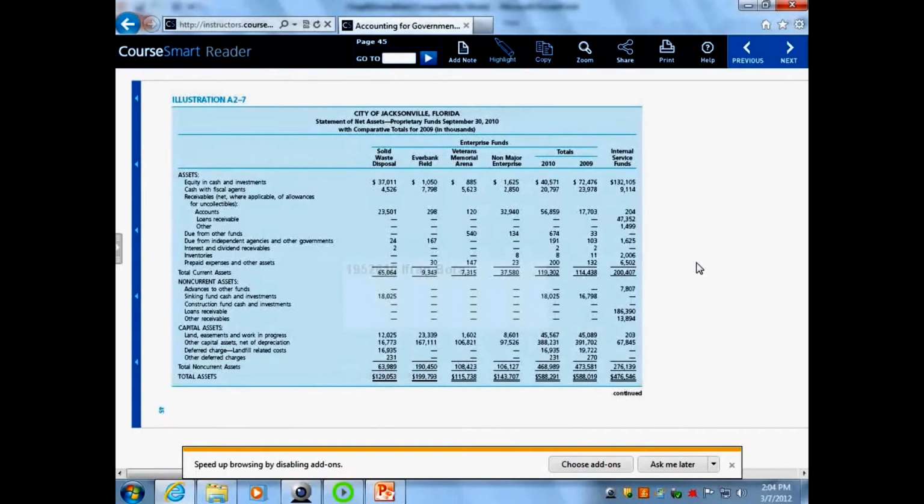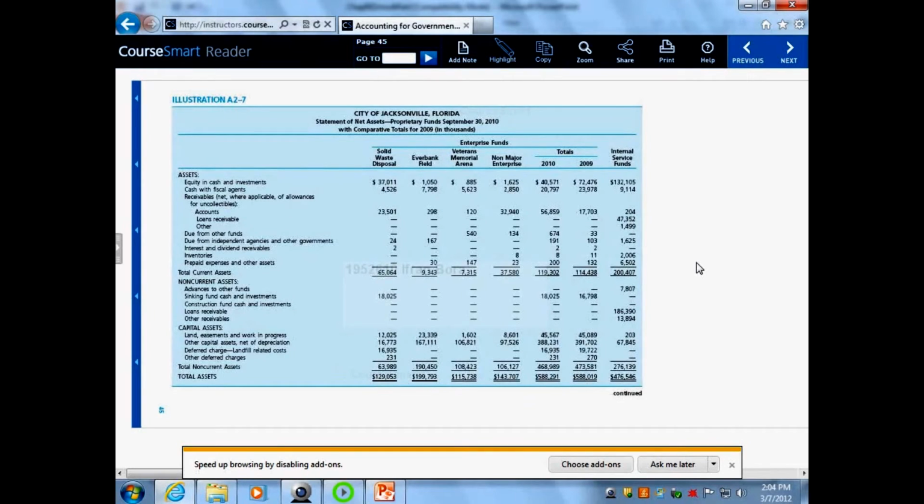Again, notice the name of the statement, statement of net assets or statement of net position. Now, these are called what? Enterprise funds. So I didn't tell you this, but proprietary funds are in two categories. You have enterprise funds and internal service funds.